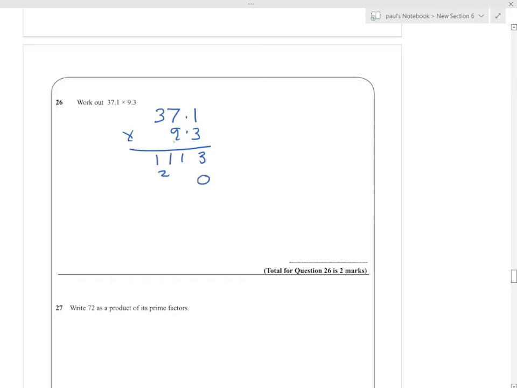And right, place marker. 9 1s are 9, 9 7s are 63, 9 3s are 27, and 6 is 33, and 3 and 10 and 5 and 4 and 3. Where to put the decimal point? There's 2 of them in the question, so we'll have 2 of them in the answer, and I think it's 345.03.